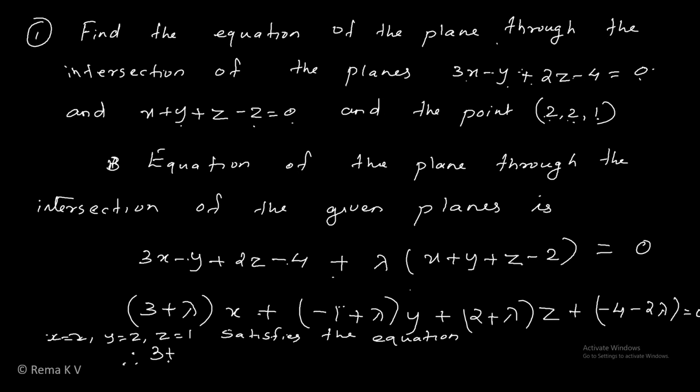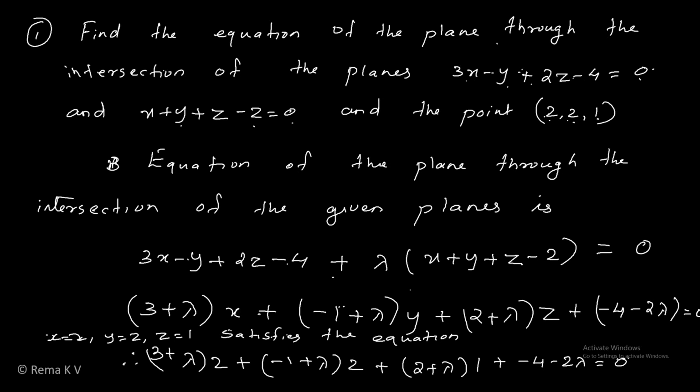Therefore 3 plus lambda into 2 plus minus 1 plus lambda into 2 plus 2 plus lambda into 1 plus minus 4 minus 2 lambda is equal to 0.